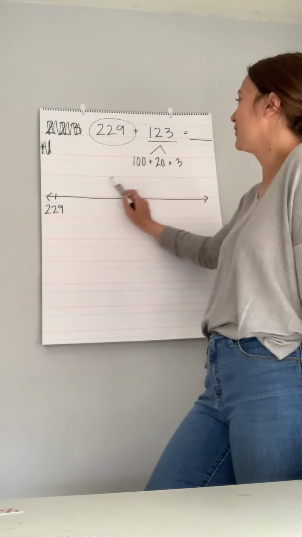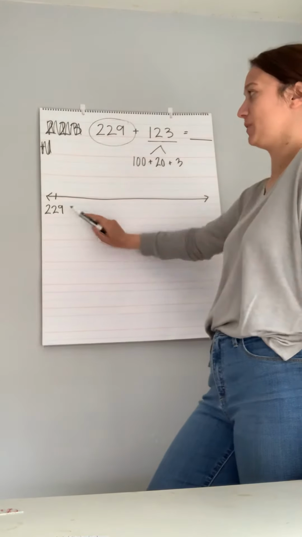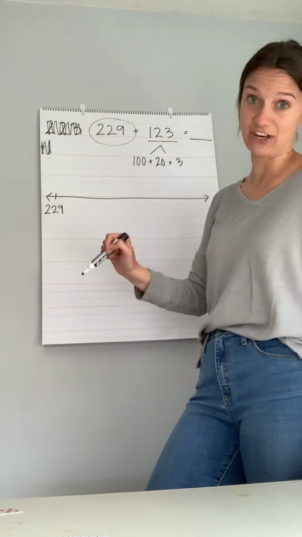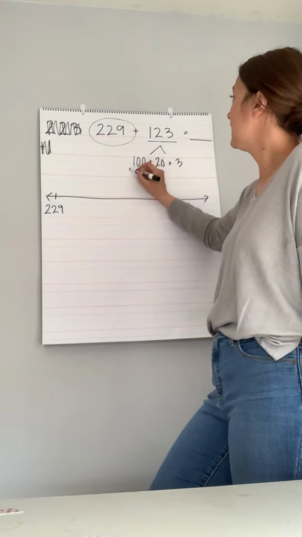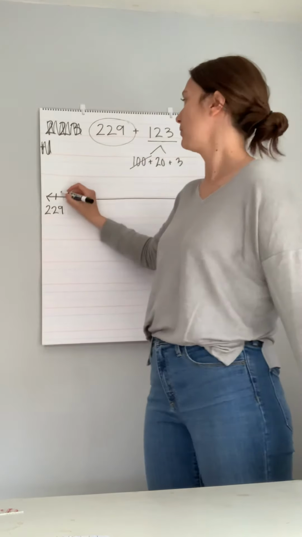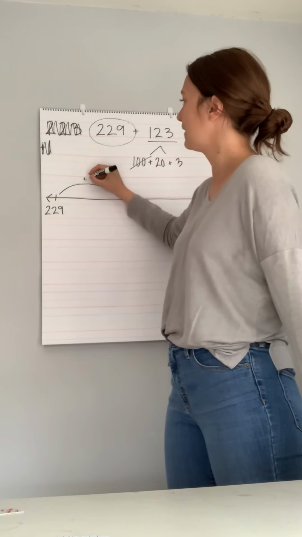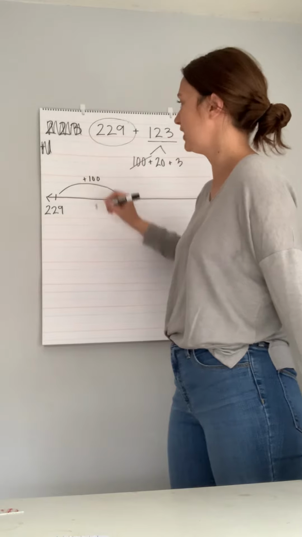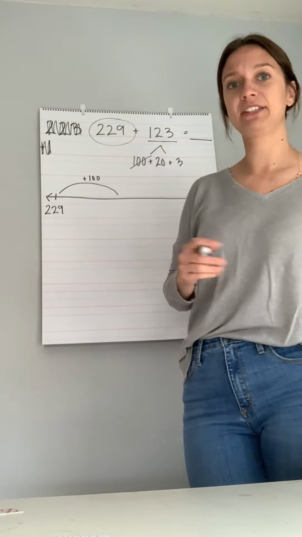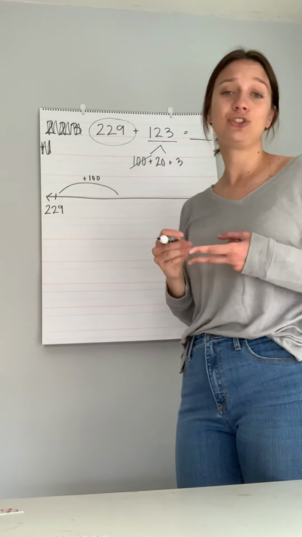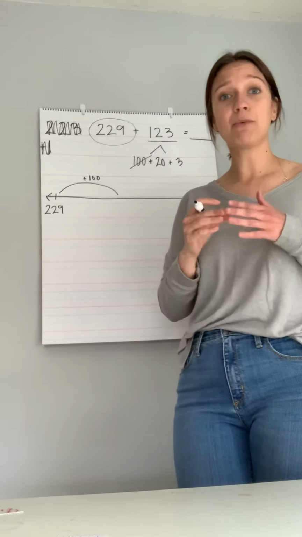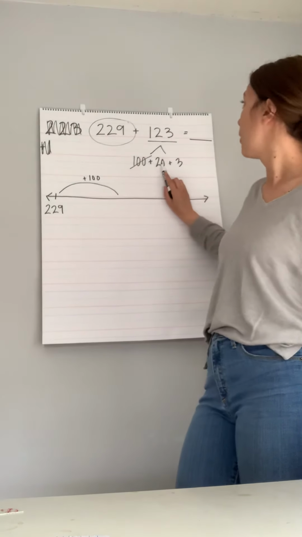So I'm going to go through and I'm going to add them to 229 by making a big jump. So the first jump I'm gonna take is 100. So I'm going to make a big jump and label it plus 100. Before we were making jumps that were only by 1s, 2s, 5s, 10s, but now we're gonna take jumps that go by these.